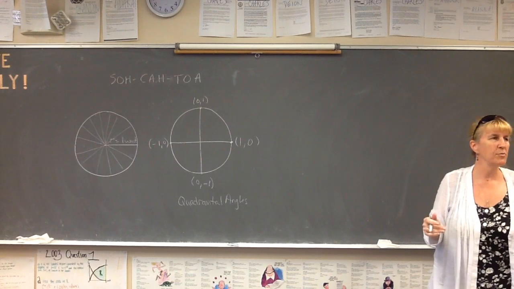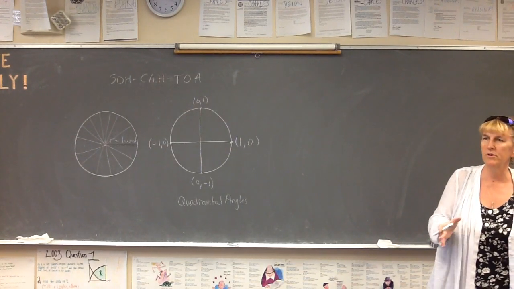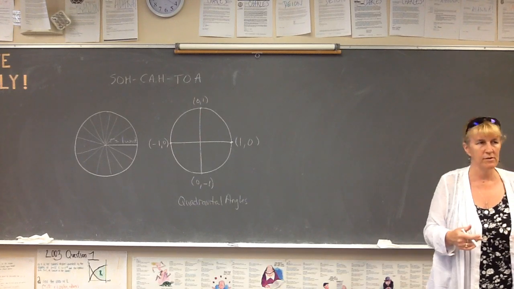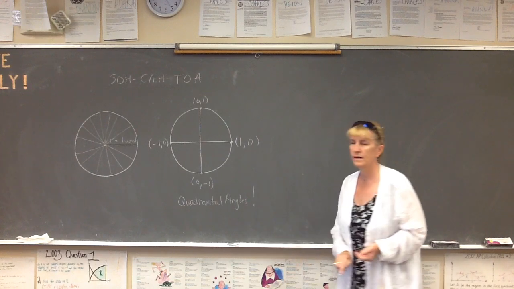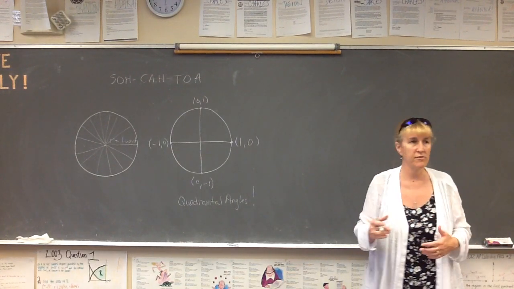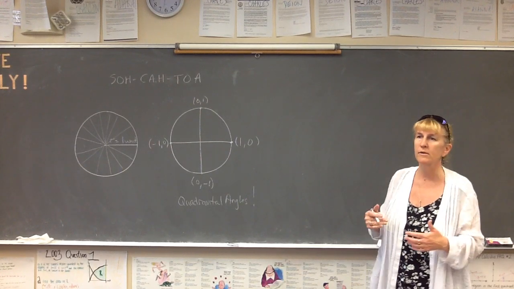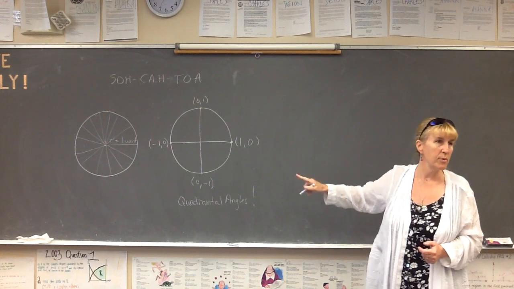But these points don't belong in any one particular quadrant. They kind of share. They're on the border of 2 different quadrants. So they're called quadrantal angles. That is the best purpose right there of the unit circle, in my eyes. Now, I really don't like the unit circle, and obviously I'm going on record saying that I don't really like the unit circle. But I like it for just those 4 points.